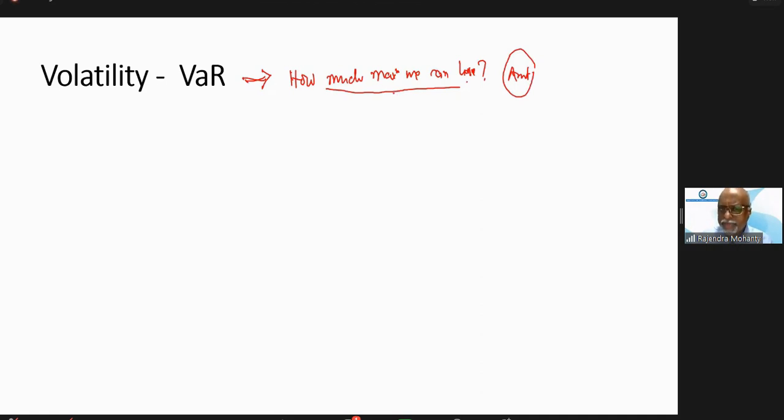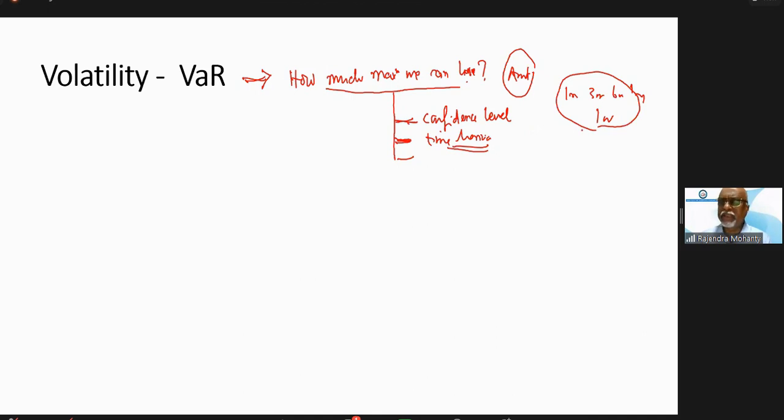That figure will be an amount, subject to 2-3 parameters. There will always be a confidence level and a time horizon, because you cannot say how much we can lose without a time period.